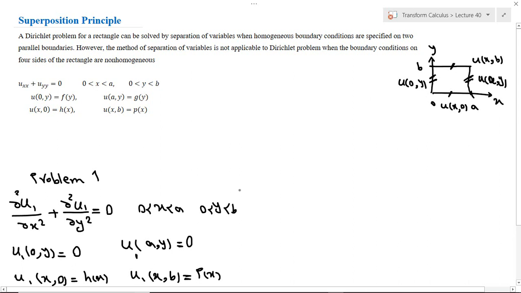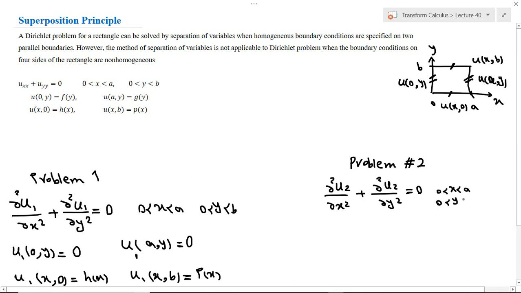In problem number 2, we solve this boundary value problem. We assume that we have the same partial differential equation: the second derivative of u2 with respect to x, plus the second derivative of u2 with respect to y, is equal to 0. Again, x is between 0 and a, y is between 0 and b.